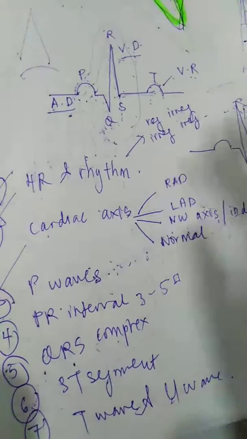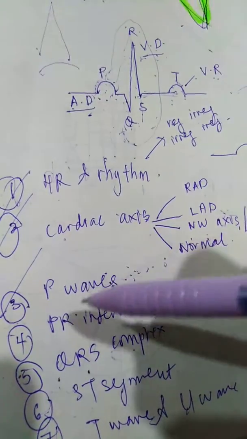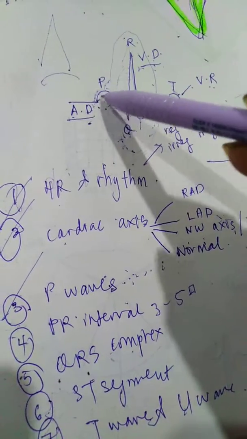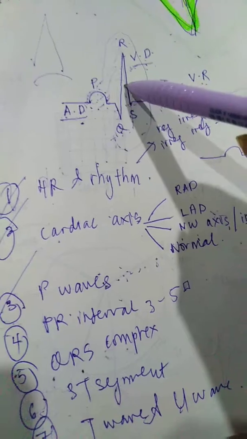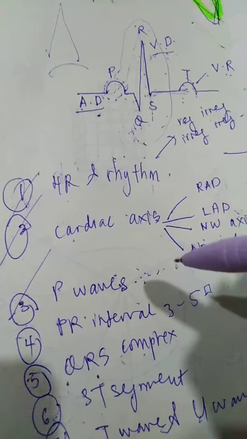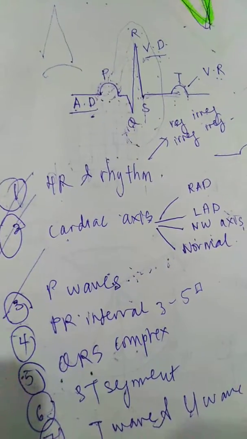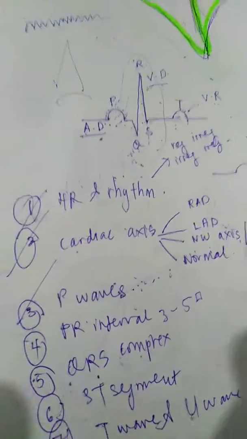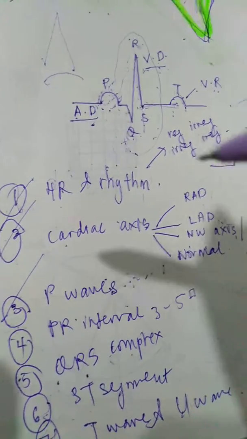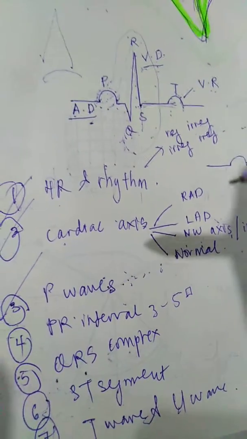So literally you can't even find which are your P waves, and this is seen in atrial fibrillation, which means your atrium starts having a quivering wave. Okay, so basically this is how you look at your P waves, and then you go to your PR interval.